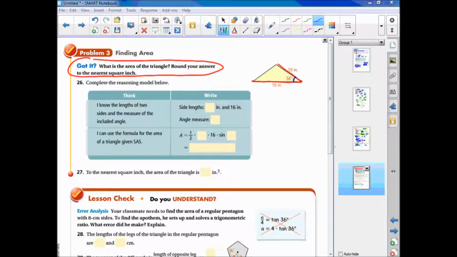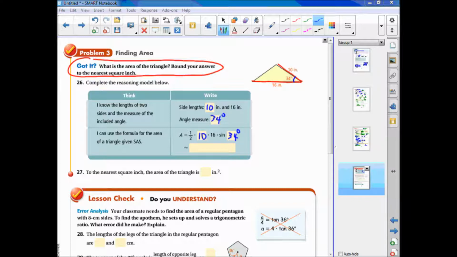Okay. So I know the lengths of two sides and the measure of the included angle. The side lengths are 10 inches and 16 inches. And the angle measure is 34 degrees. So we can use our formula for side angle side for a triangle. So we do 1/2, okay, times the two sides times the sine of the included angle.